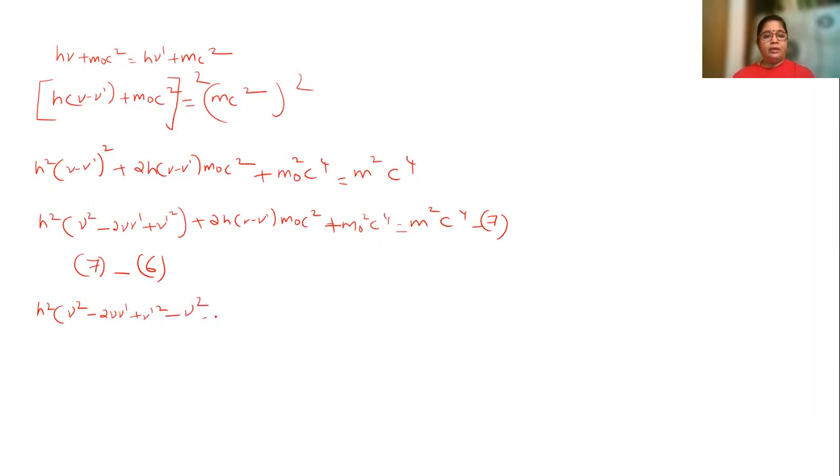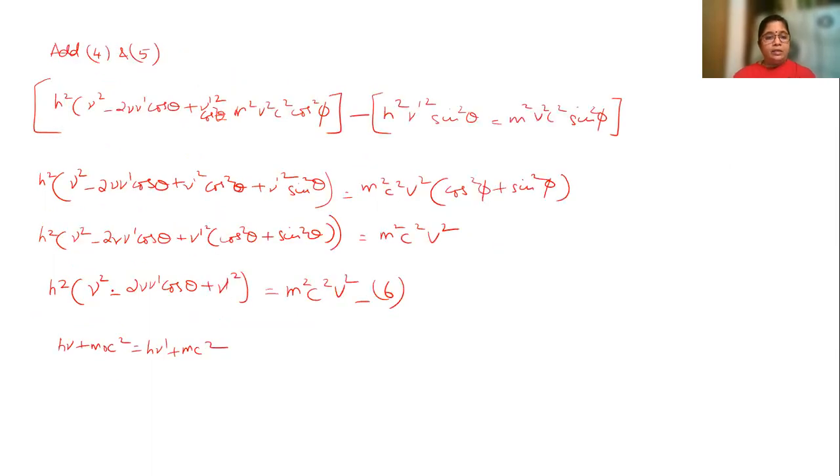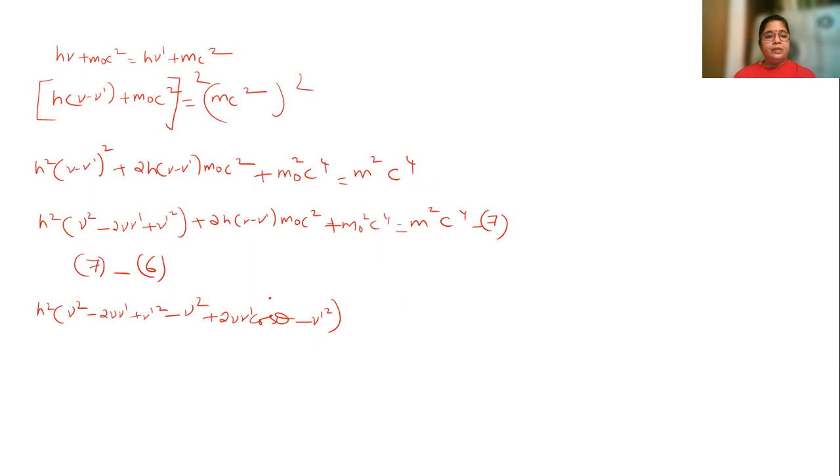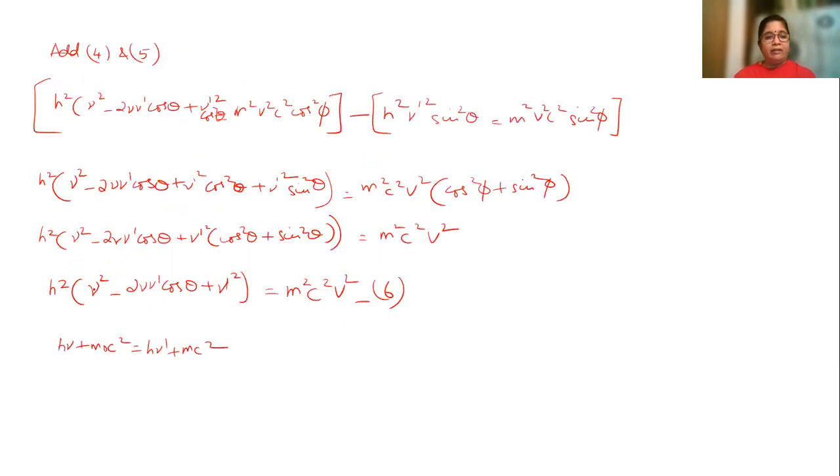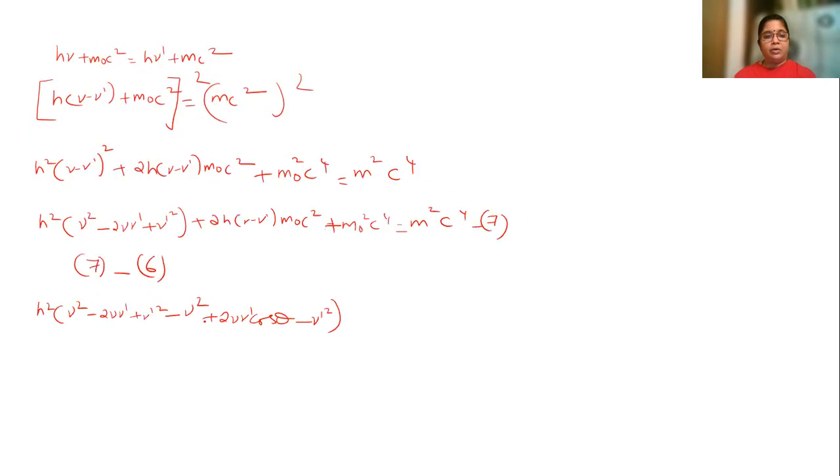Minus nu square plus 2 nu dash cos theta minus nu dash square. So see, I have subtracted 6 from 7. This will be minus, this will be plus, this will be minus. That is what I have written here. Minus plus minus.